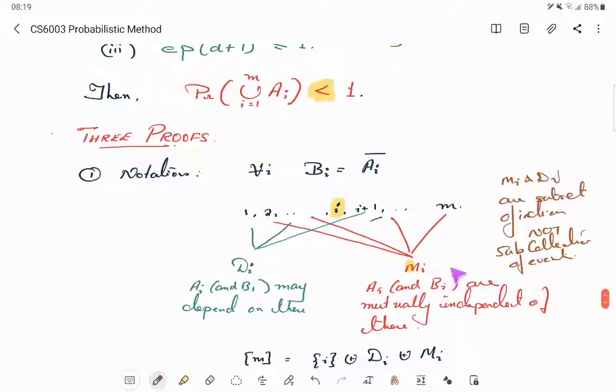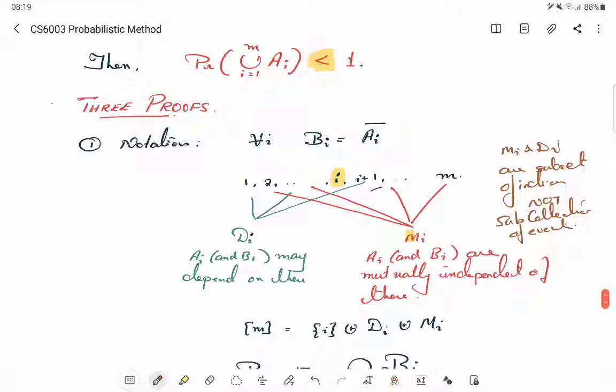And so Mi is those subscripts such that the corresponding collection of events is mutually independent from Ai, and Di is in fact the whole list of subscripts minus i minus Mi. In fact, that's the best way to define Di, because intuitively, Di denotes the subscripts of that collection of events on which Ai may depend, okay? So that's why I use the letter D and so on.